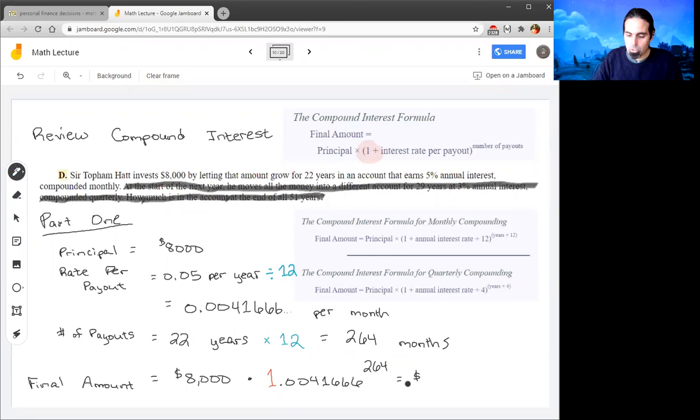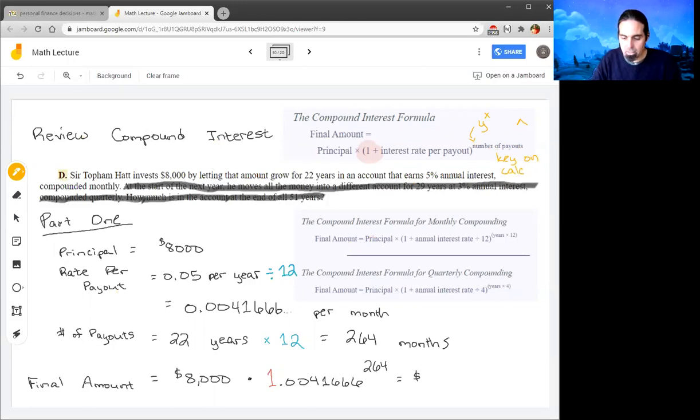And remember to use the exponent key on your calculator. It does not say EXP. That's for exponential notation, which is not part of this class. It looks either like a y to the x key or the symbol called a caret. So again, your exponent key will either be a y to the x or a caret symbol on your keys. So do this with me.